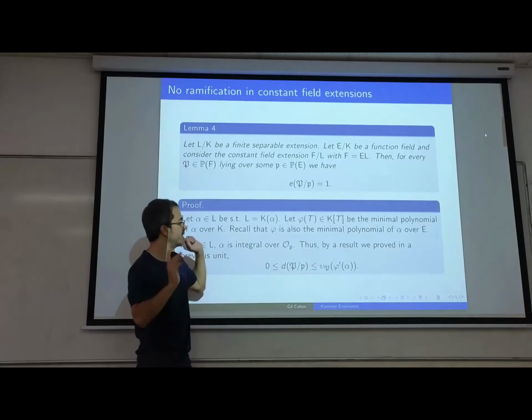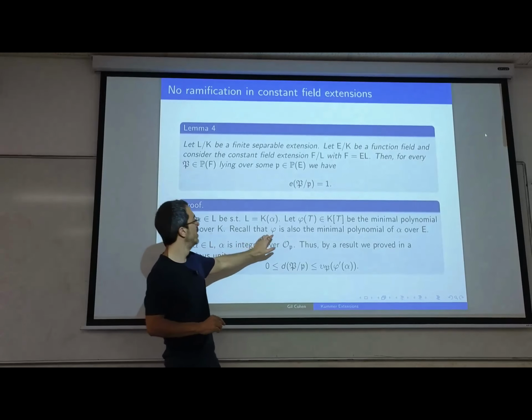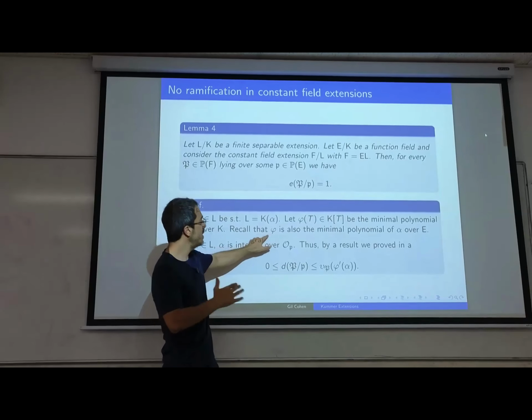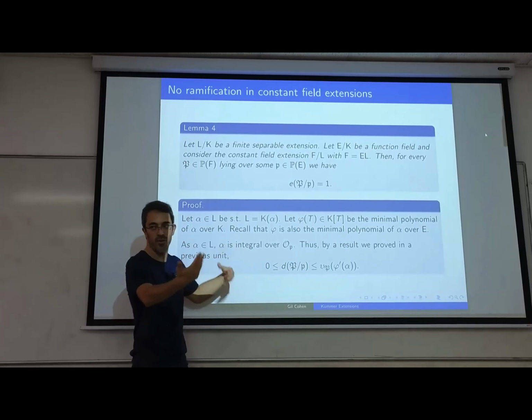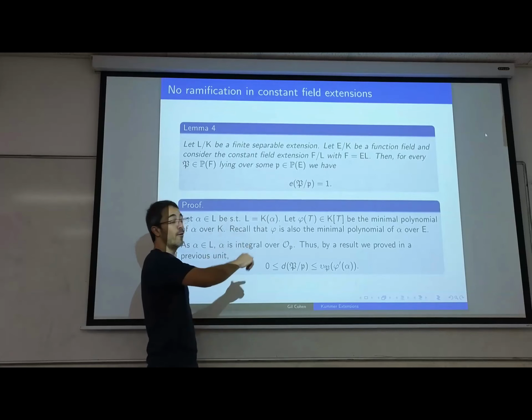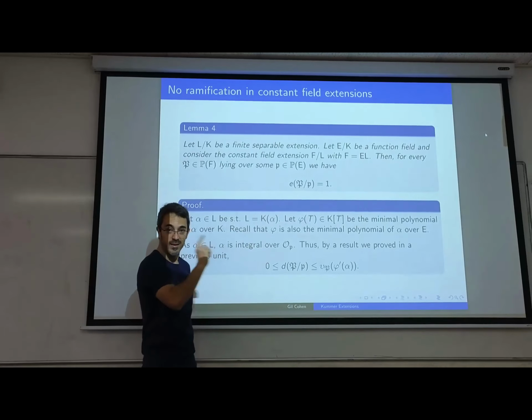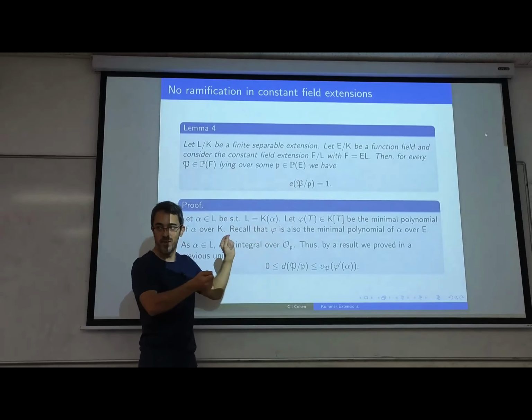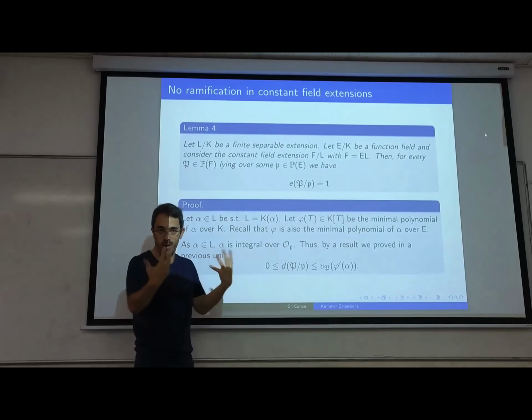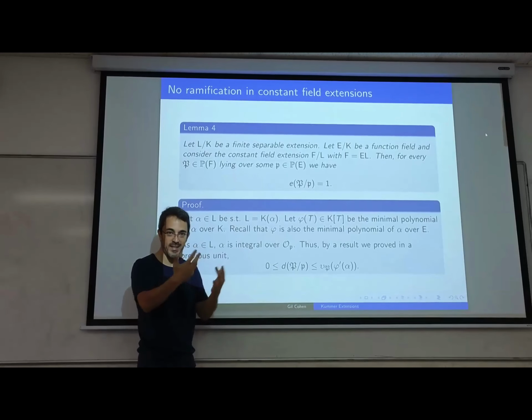But if you remember, at some point, I don't remember which, we said that if phi is the minimal polynomial of alpha over K, it's also going to be irreducible and hence the minimal polynomial of alpha over E. The idea was that K is algebraically closed in E. There's nothing in E which is algebraic beyond K, only transcendental stuff.